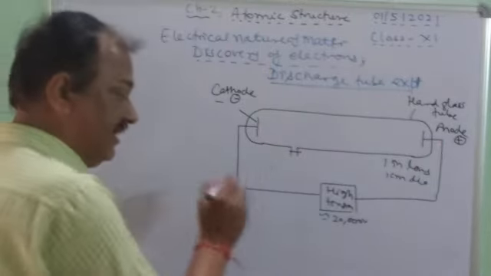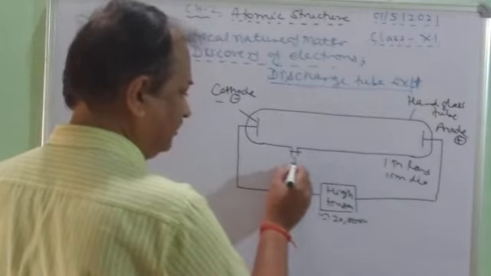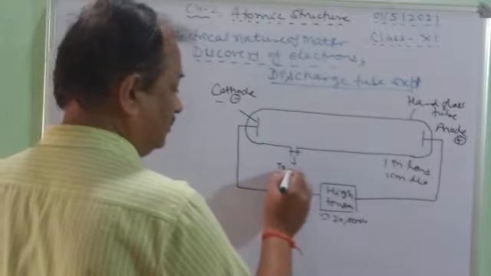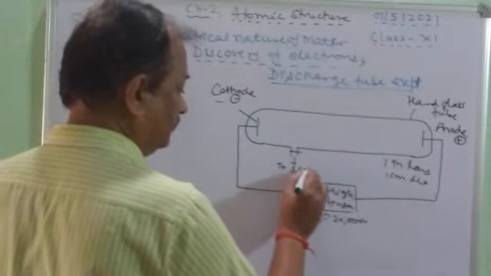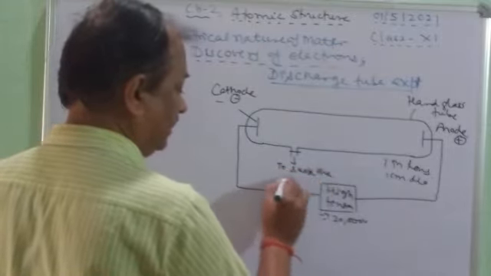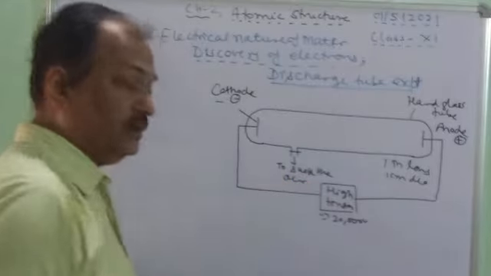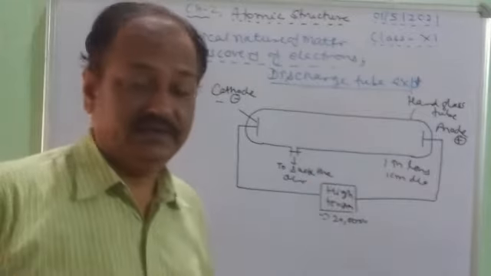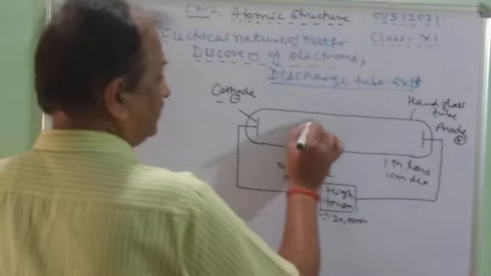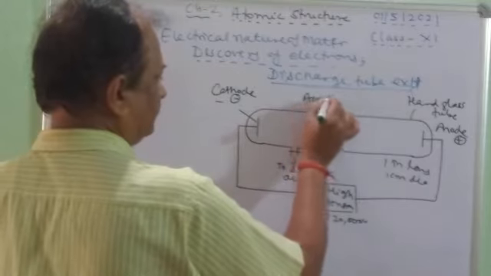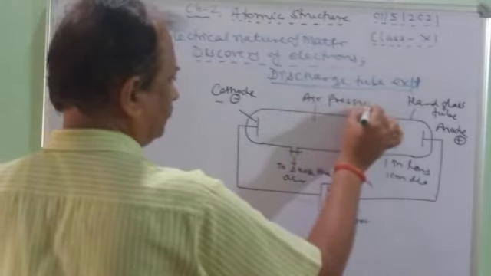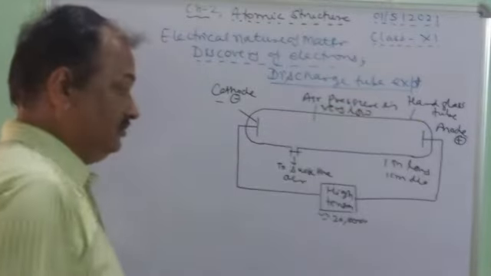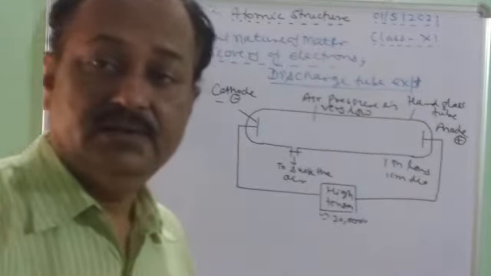This side tube is connected to a vacuum pump to take out the air, so the air pressure here is very low.